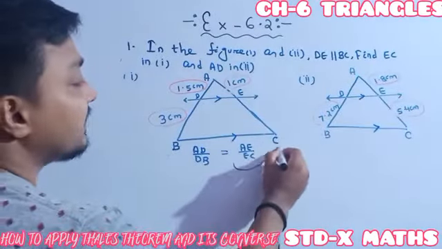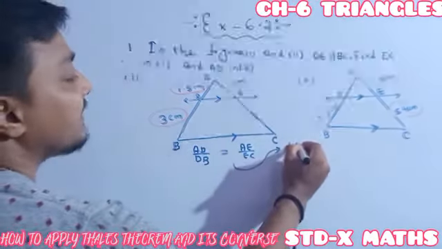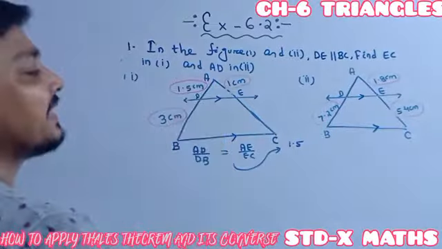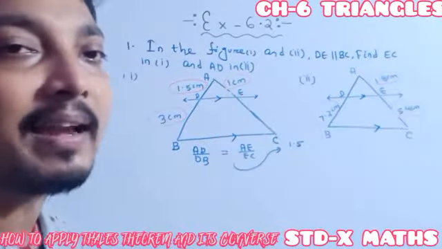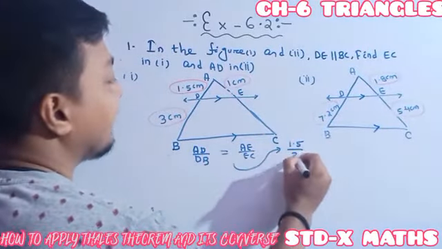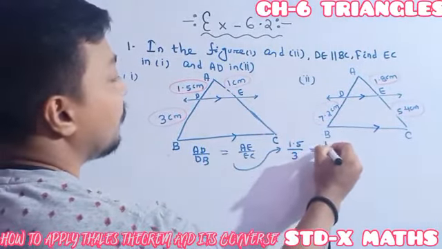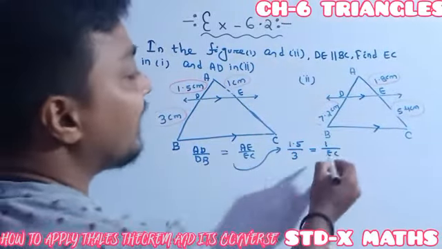Then see, in place of AD I can write 1.5 centimeter. I am deleting the centimeter, only cancelling it; at last, for the value I get, I will give the unit. 1.5 divided by 3 is equal to 1 divided by EC. Which one do I want? I want EC.